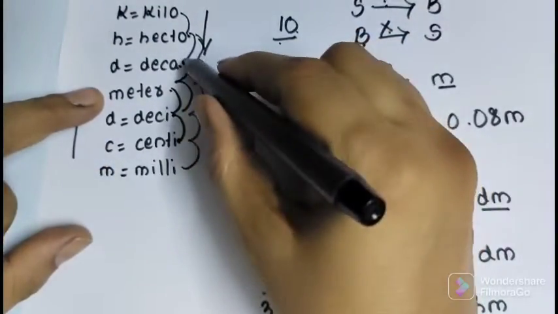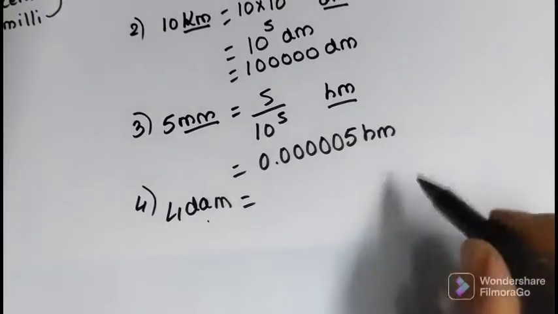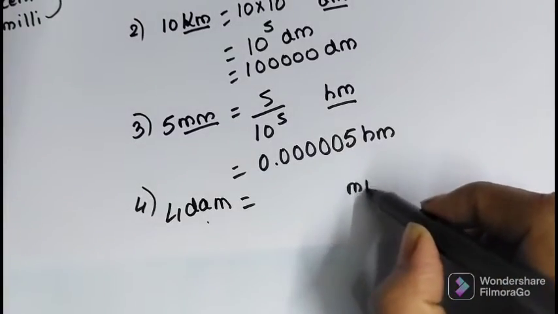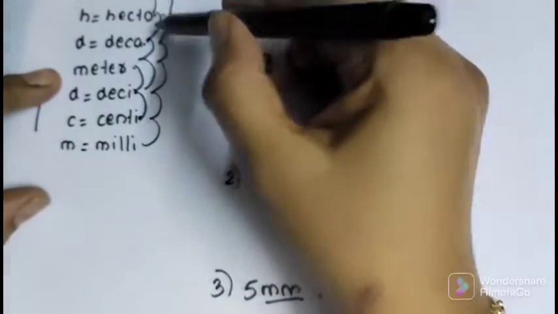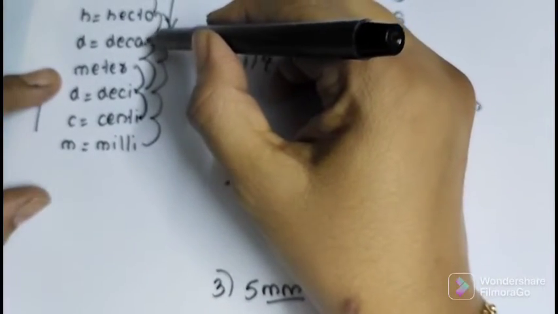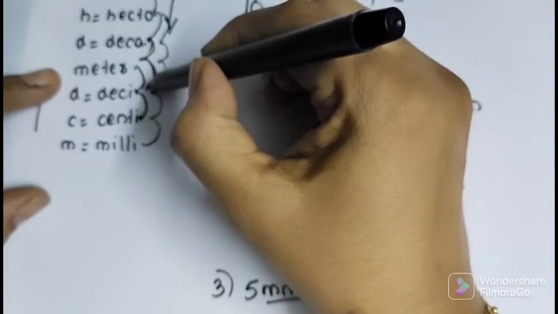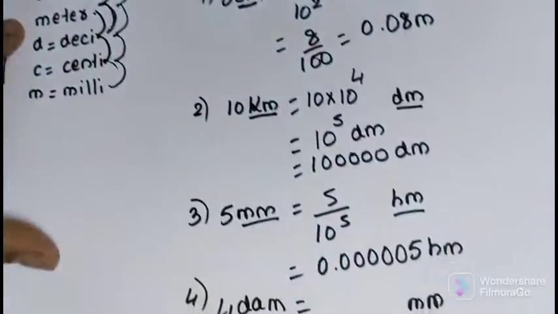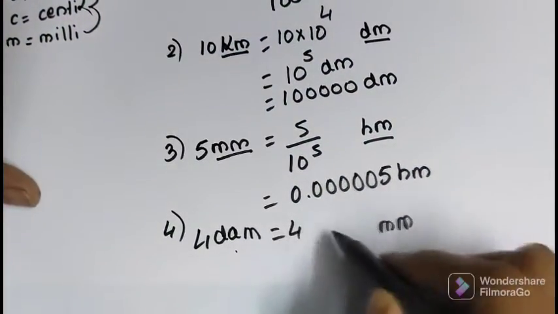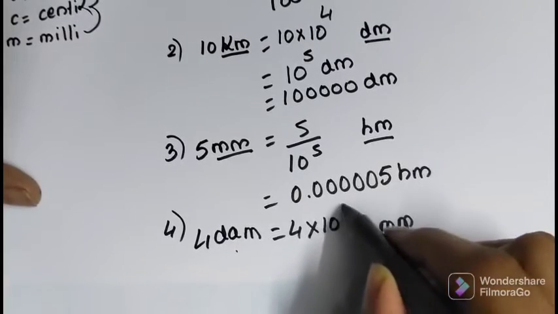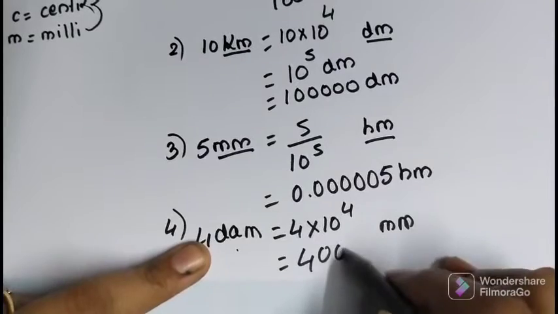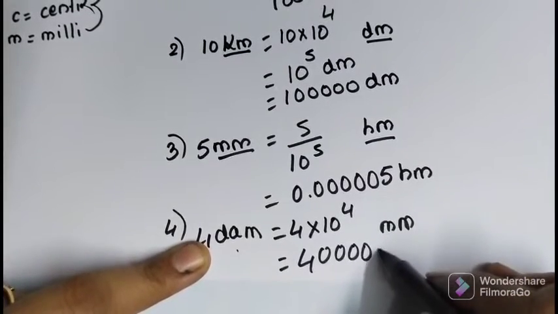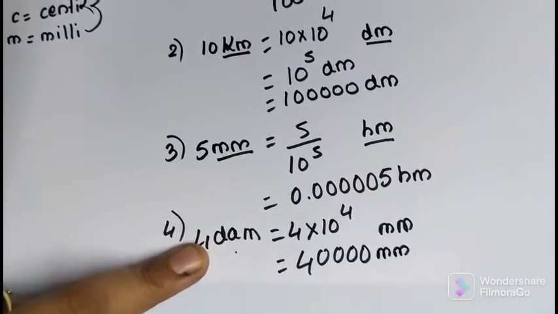From big to small, you know, you have to multiply, right? So deca is here, 1 time, 2 times, 3 times, 4 times. So basically we have 4 multiplied by 10 raised to the power 4, and the answer you are going to get is 4 followed by 4 zeros, and write millimeter.